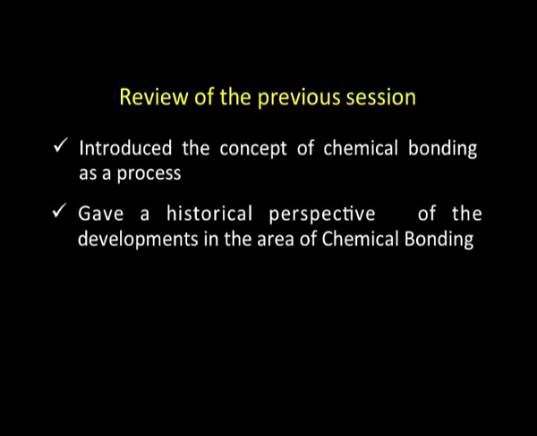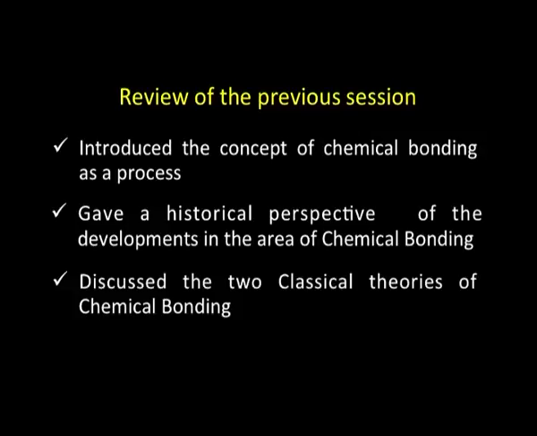Thereafter, we gave a historical perspective of the developments in the area of chemical bonding. Then we moved on to the main theme of the previous session, the discussion on the classical theories of chemical bonding, wherein we took up the Lewis theory of covalent bonding and Kossel's theory of ionic bond formation, in terms of sharing of electrons and transfer of electrons respectively.